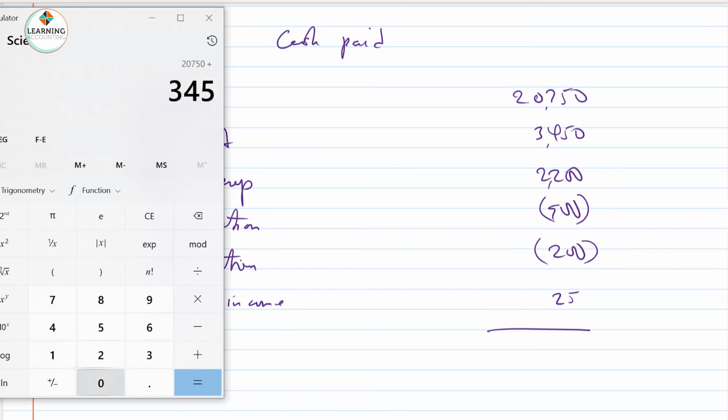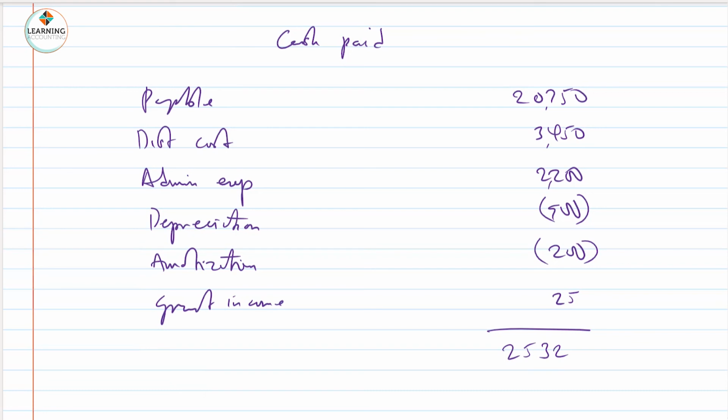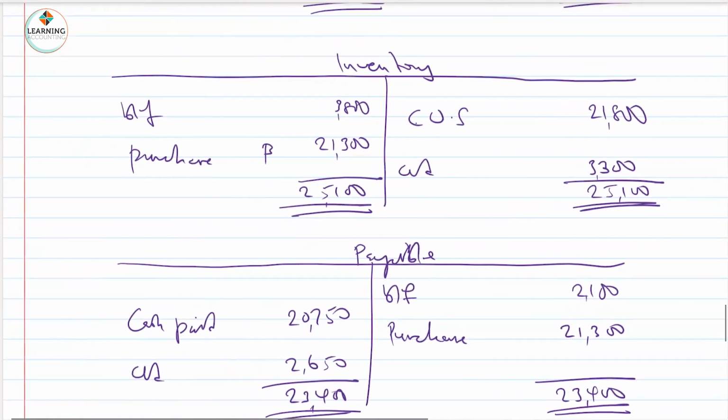Plus 3,450 plus 22 minus 900 minus 200 plus 25, 325. And that's the total cash paid, 25,325.